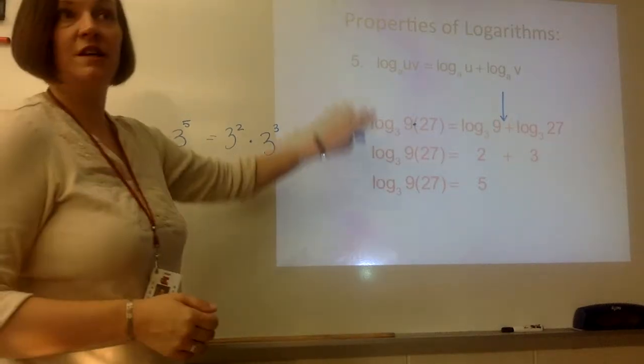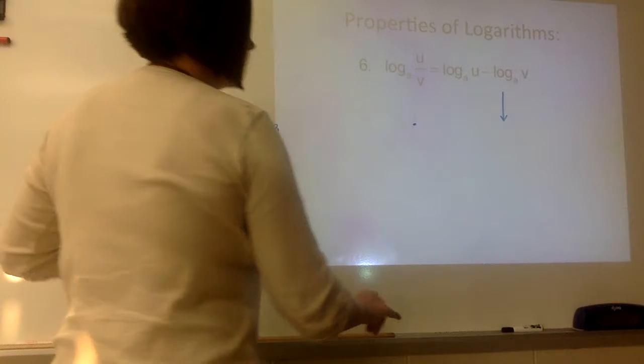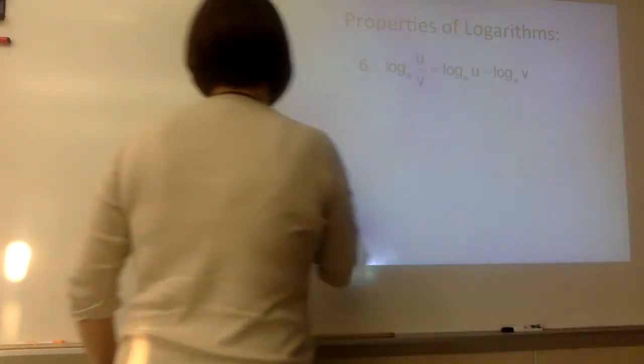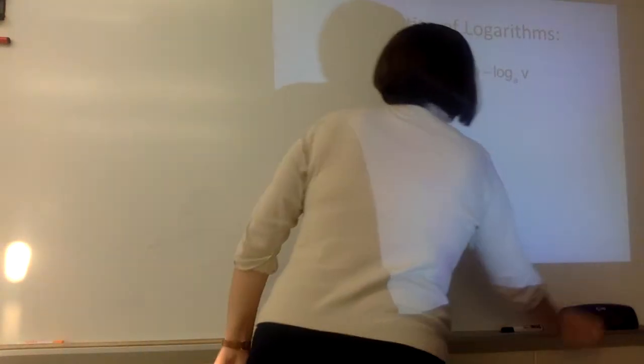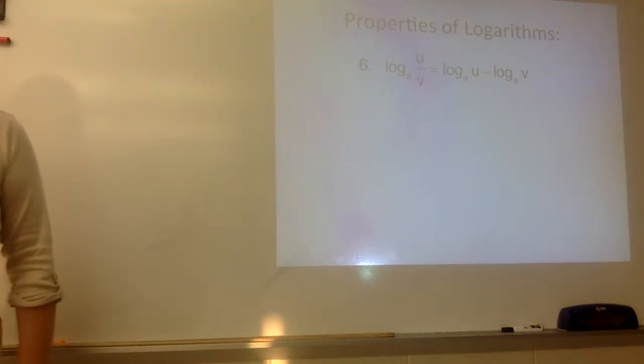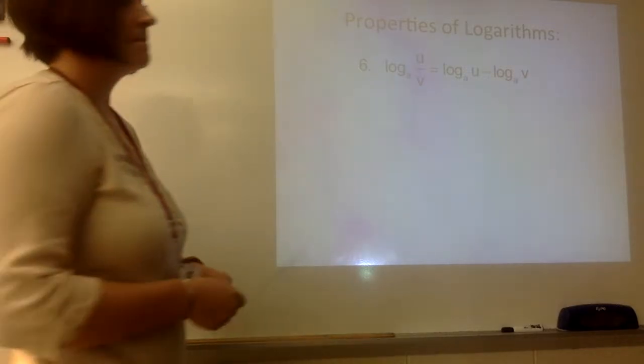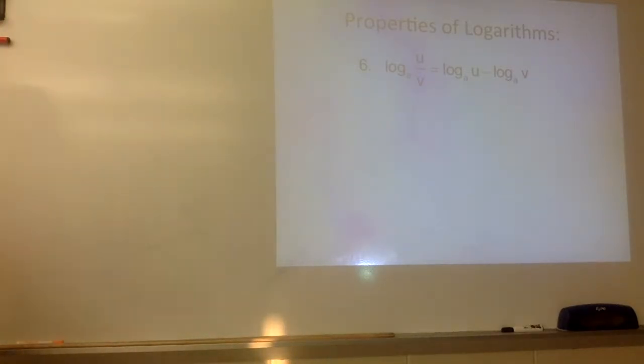You don't need the red. I just really want you to have the black. All right, now take a look at the next one. Logarithm base a of u divided by v. It's going to be the subtraction. 2 logs.